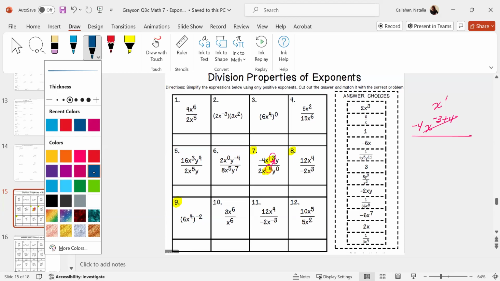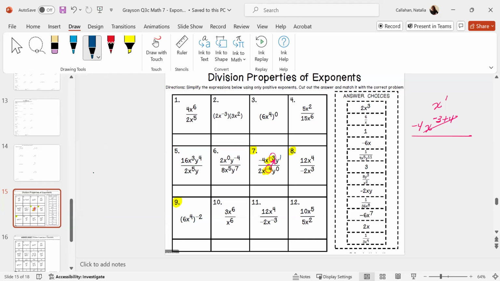And hold on, don't do anything yet. I want you to watch what I'm doing. Do you see here you have a y to the 1 power, y to the 0 power? Y to the 0 power becomes just 1, right? Y to the 1 power is positive, so you don't need to change anything. So you just have 2 times 1 on the bottom. So your answer is -4xy over 2. But then you can reduce this part to a -2xy, and that is your answer for number 7.